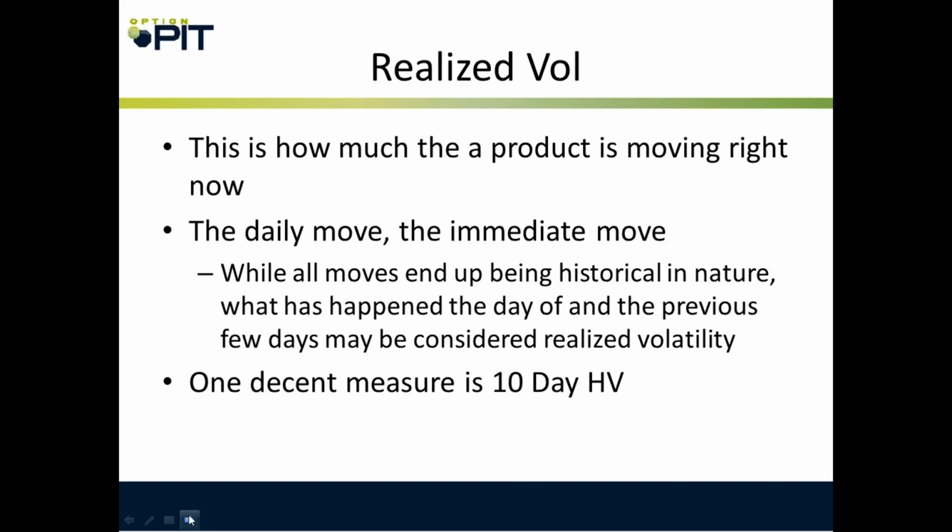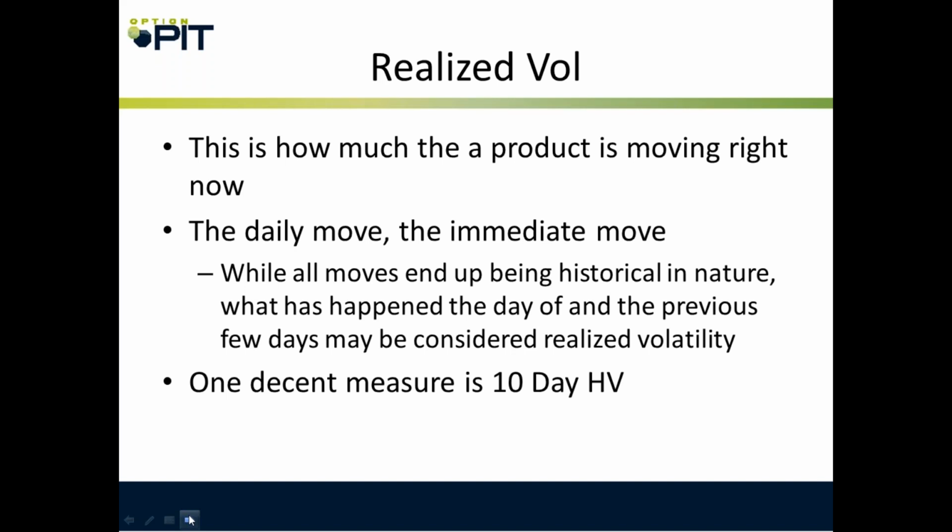It's the daily move, it's the immediate move, it's what's happened in the last day, week, hour. While all moves end up being historical in nature, if I take a step forward, while my move was historical in nature, it's really what just happened. And that's really what realized vol represents.